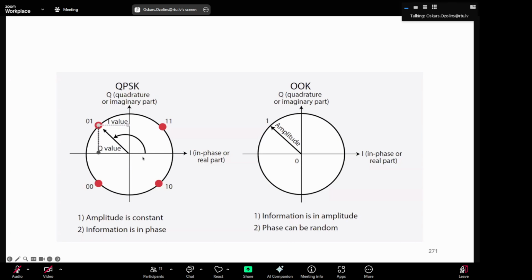So in this case, phase cannot be random because it needs to represent the information there. Right. So therefore, for example, we draw 0 here and 1 here, and 1 can be on any place of the phase value, because in square law detection we don't really get the phase information.